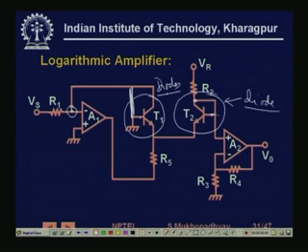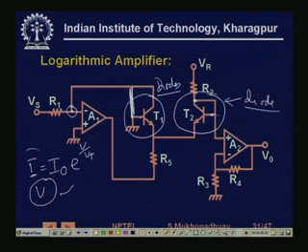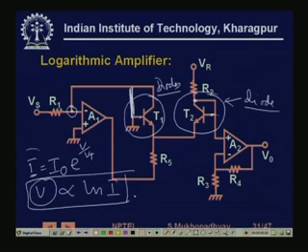And we know that in diodes the voltage current relationship is I equal to I naught times e to the power V by Vt. So you see that the voltage is proportional to the log of the current. Now in this case, what is the input current?